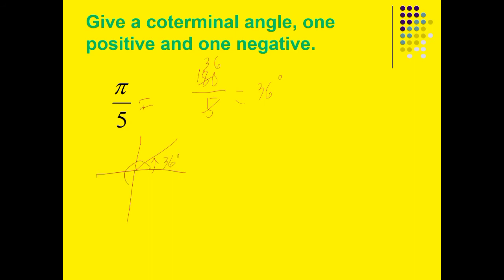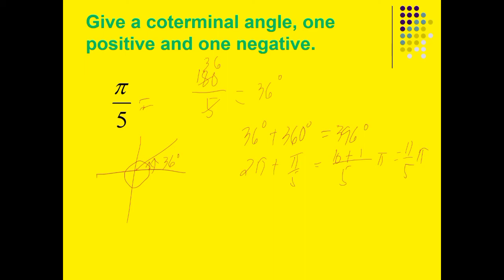Then if we rotate that one, 36 degrees added to 360 degrees is equivalent to 396 degrees, or just to say 2 pi plus pi over 5. So we have 10 plus 1 pi, and that is 11 pi over 5.